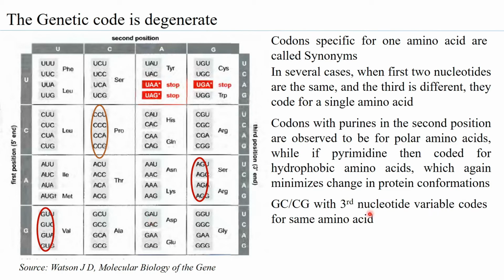Now, GCCG with its third nucleotide variable codes for the same amino acid. Again, that is interesting. But before we go to this, another fact that I would like to show you is, suppose the second nucleotide is a purine and it is replaced by another purine. So instead of CGU, you have CAU. Interesting to notice that CGU is coding for arginine and CAU is coding for histidine.